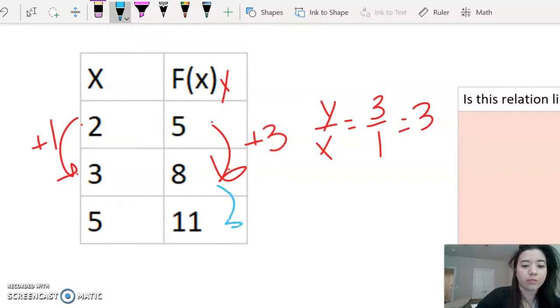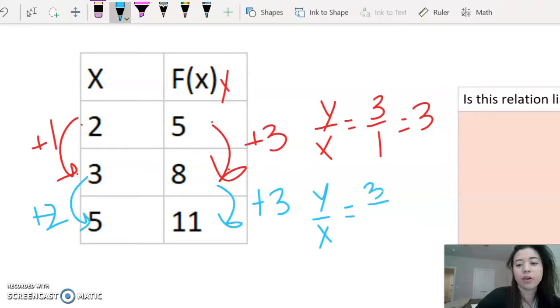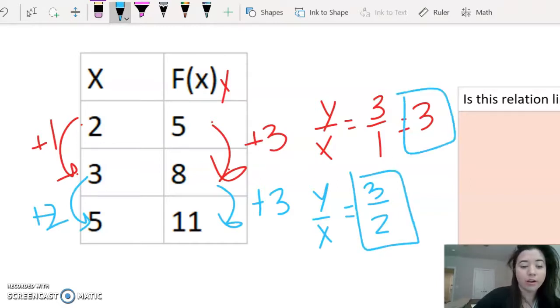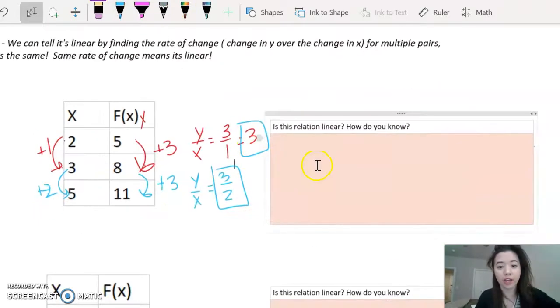And then we do the same thing here. 8 to 11 is plus 3. 3 to 5 is plus 2. We write it as y over x. We get 3 over 2. Whoop. So this would not be linear because my rates of change are different.